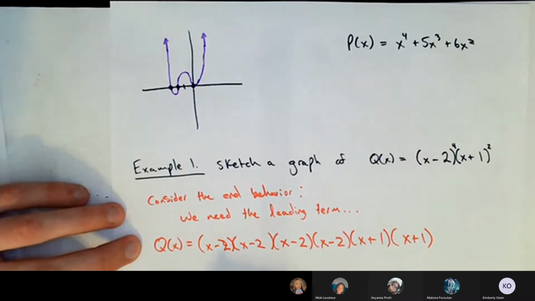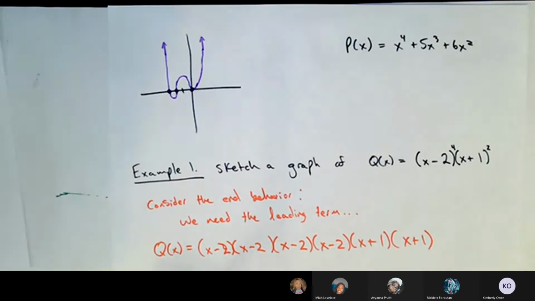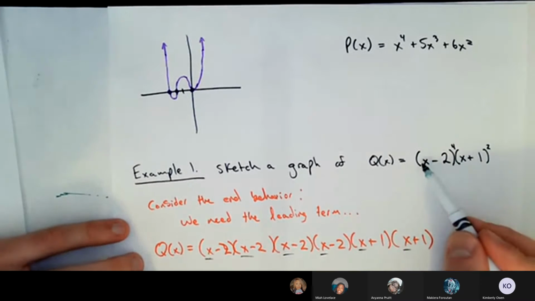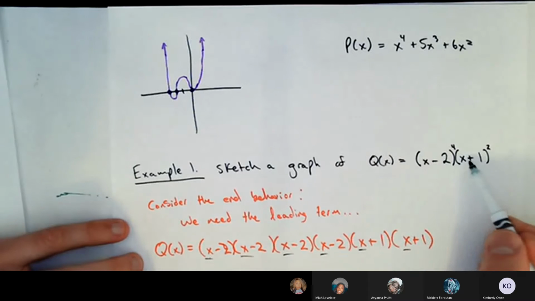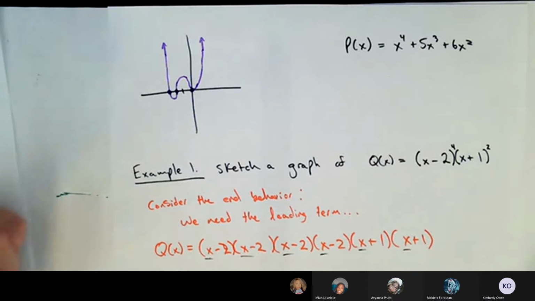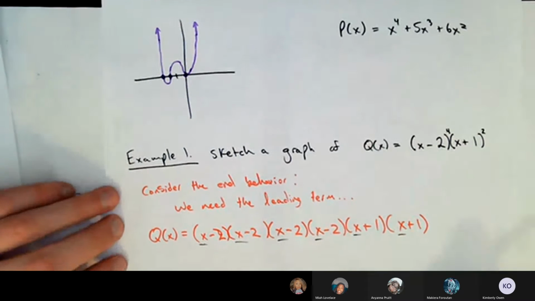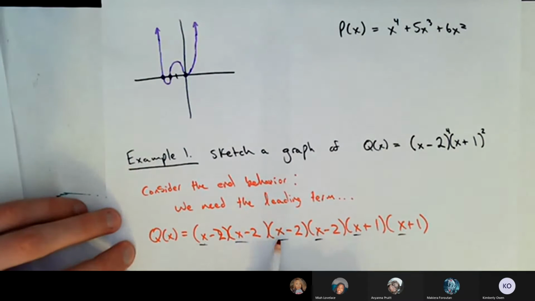All we do is consider the product of all of the x terms, which in this case is fairly straightforward because they're all just x's. There's no coefficient up front other than a 1 here and a 1 here. They're all positive, so no funny business. It's literally just x times x times x times x times x times x. How many are there?